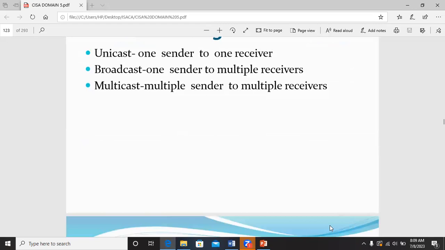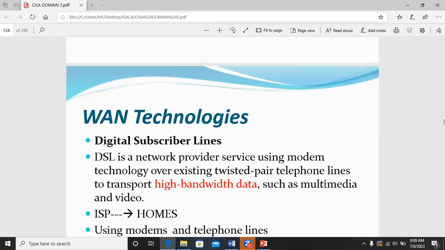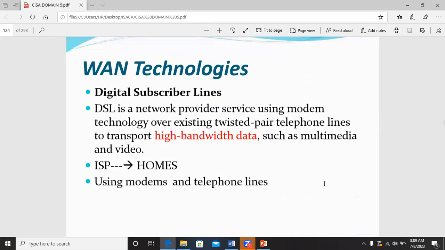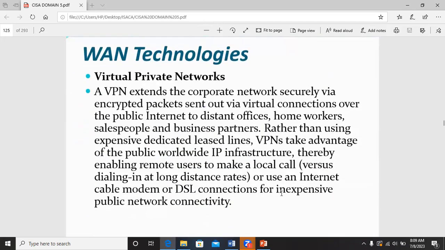So the television industry is a very good example where you have a lot of this wide area network. Then you have VPN, which we all will have used at one point or the other. Maybe you want to access Twitter during the ban, or you want to work remotely.